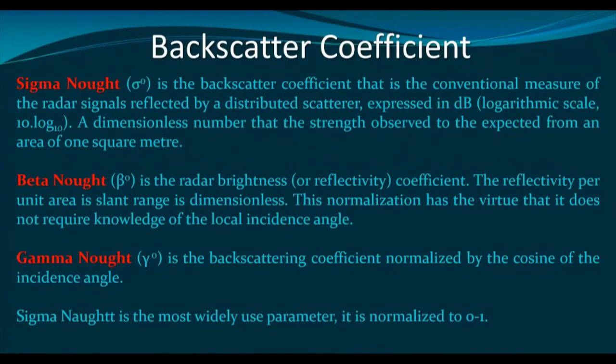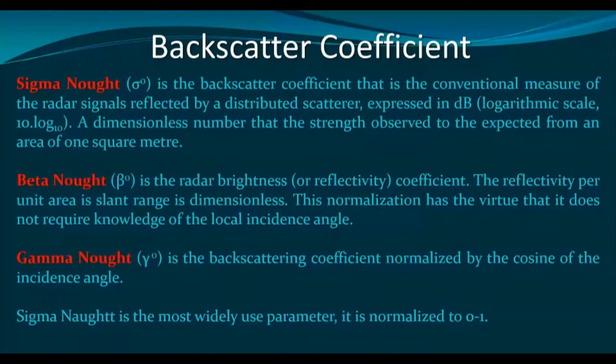Radiometric calibration is performed to generate the backscatter coefficient image. Three different backscatter coefficients are generally used to process the radar image. Among them, sigma naught is the most widely used.